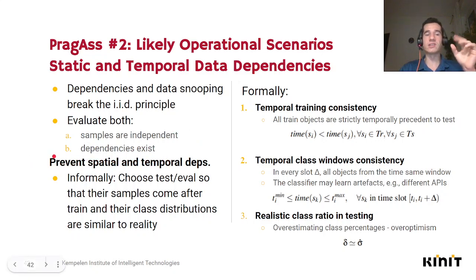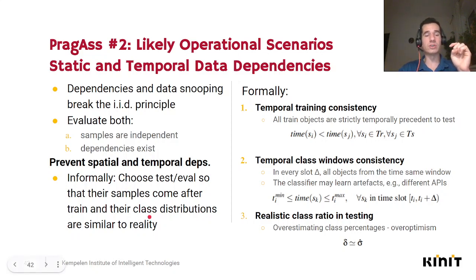We discussed how to prevent these dependencies before, but just informally: we should choose the test and evaluation set so that the samples that come after the training data are considered in the test and evaluation datasets, of course.